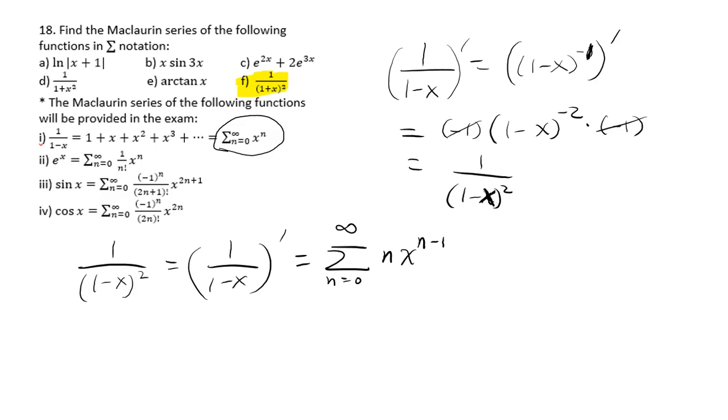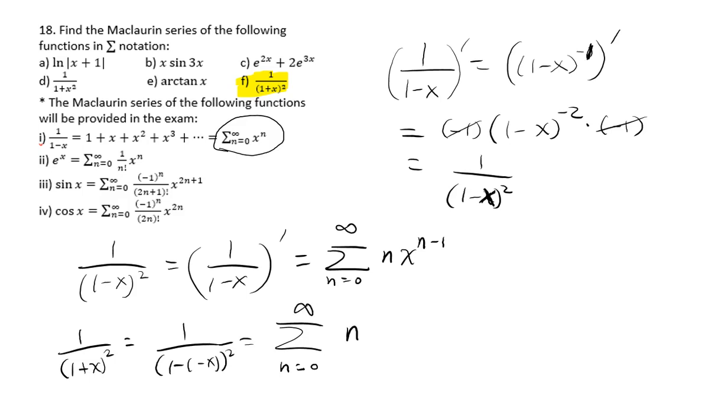Now what you need to do is 1 over 1 plus x squared is 1 over 1 minus negative x squared, and therefore we can use this with x replaced by negative x, which is n times negative x to the n minus 1. And then finally you separate out the negative 1 to the n minus 1 with x to the n minus 1, and that's it. That's the Taylor series of that last one. Okay.